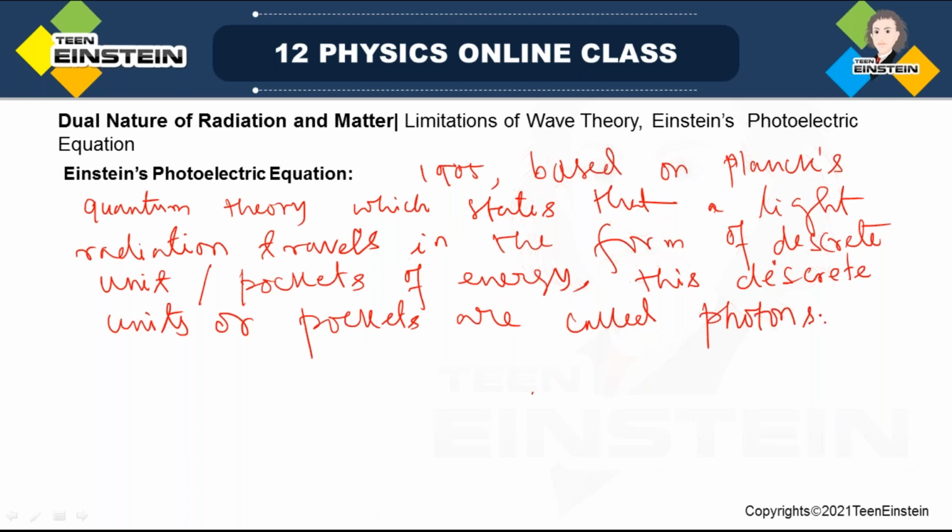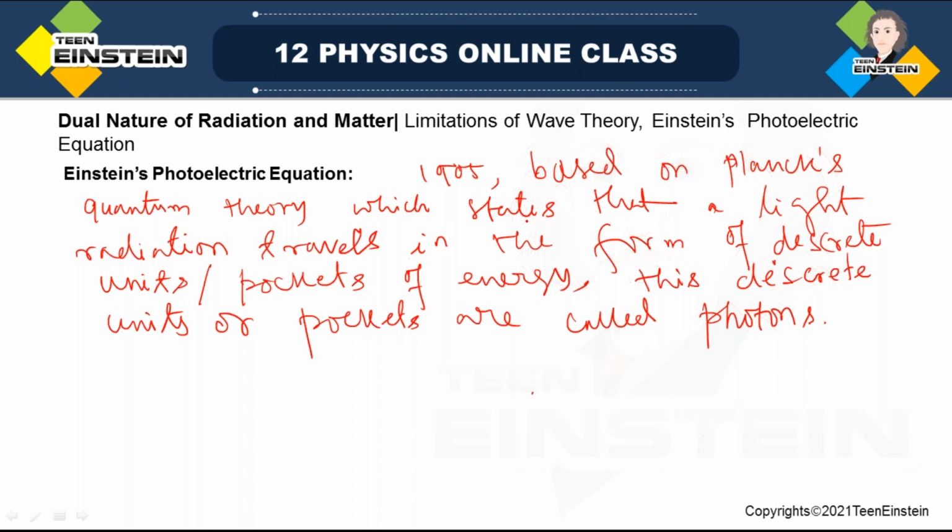Okay, photon. So in 1905, based on Planck's quantum theory, which states that light radiation travels in the form of discrete units or pockets of energy, these discrete units or pockets are called photons.